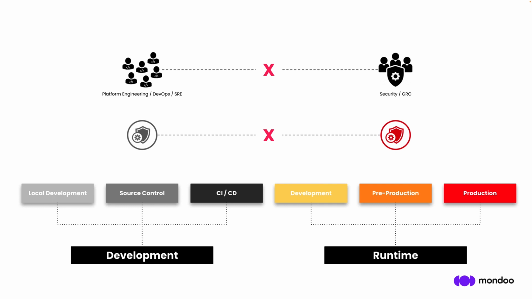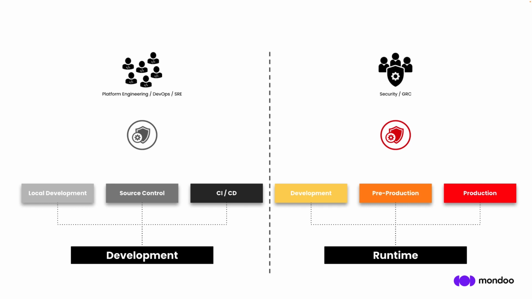We're adopting automation because we want to speed up the process of innovation, but ultimately what happens when they're not aligned is just a blocker between these two sides. On one side, you've got the security, governance, risk, and compliance teams who are accountable for the security of a business.